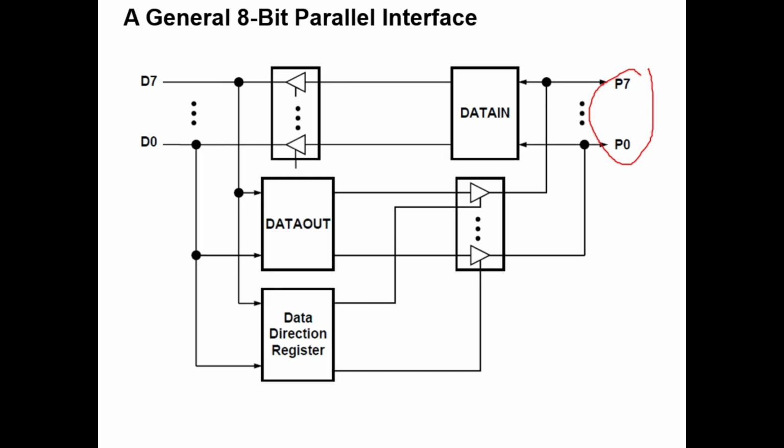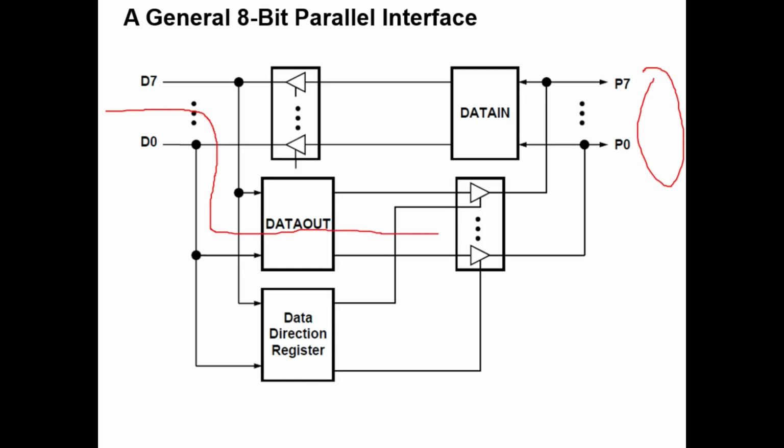When an input device is connected, that device sends data from P0 to P7 using those ports. It sends data to the data in register. Then from data in, through the tri-state buffer, the processor reads that using the data bus. Similarly, when the processor sends data to an output device, if an output device is connected, the processor sends data through the data bus, and it goes through the data out buffer.